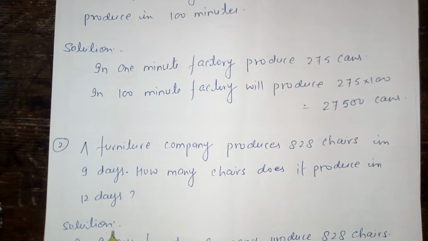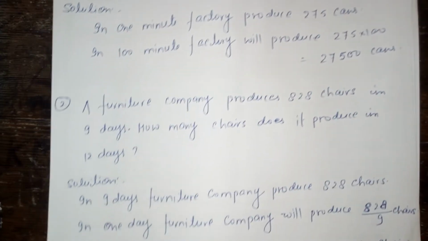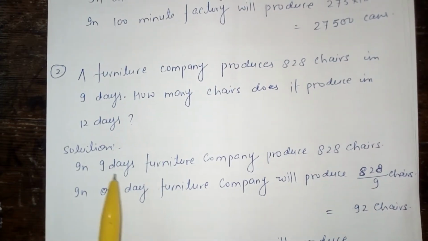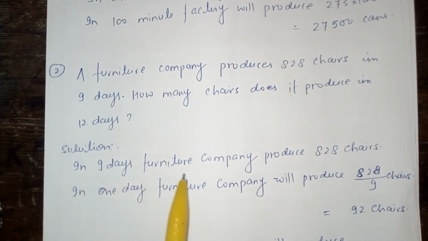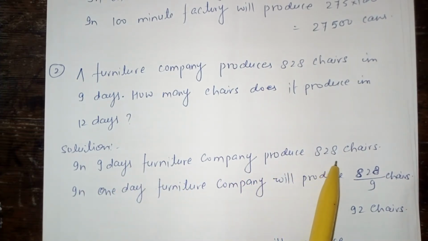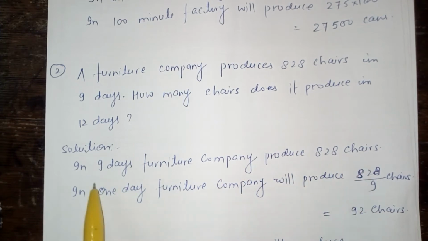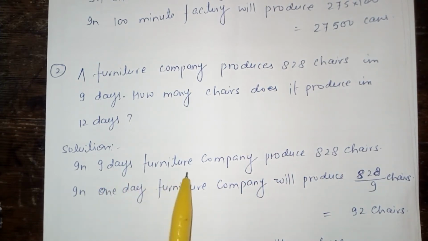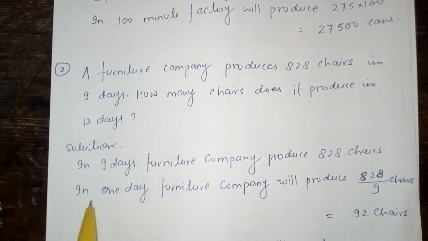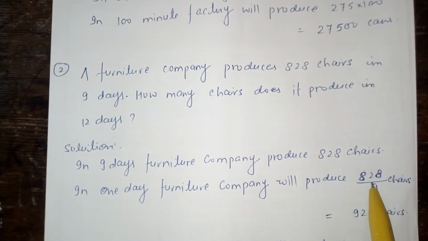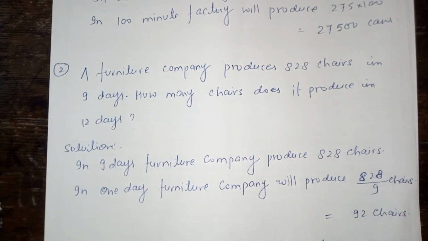My dear student, the solution of the given question is: in 9 days the furniture company produces 828 chairs. Now in 1 day the furniture company will produce 828 upon 9 chairs.